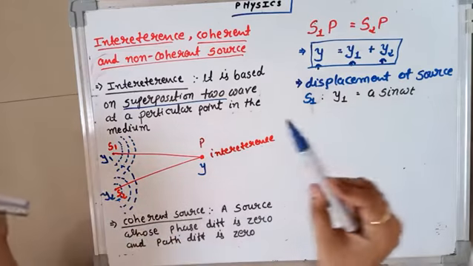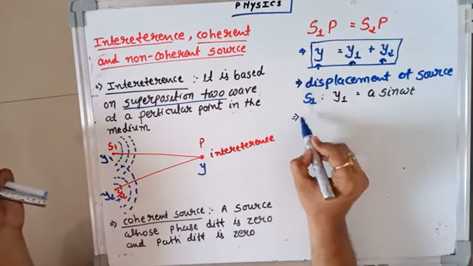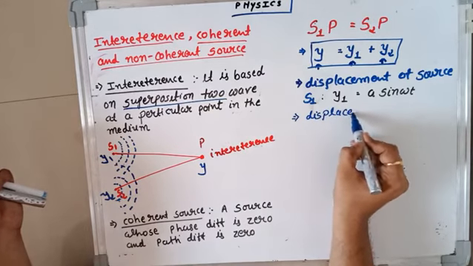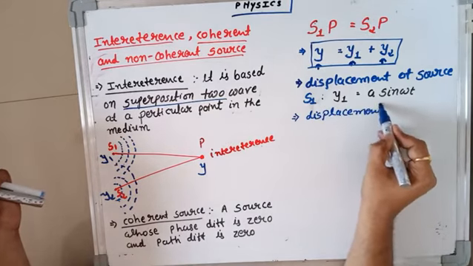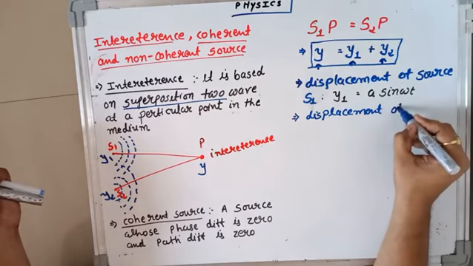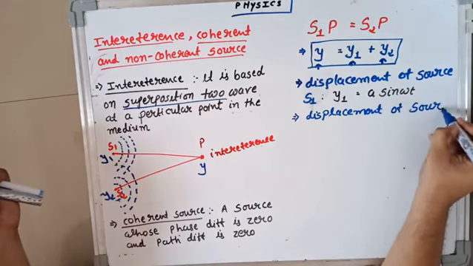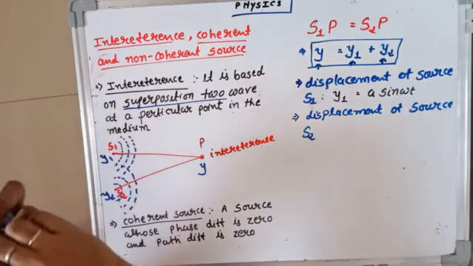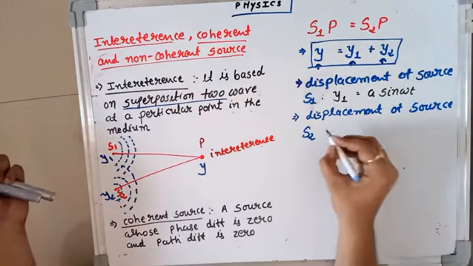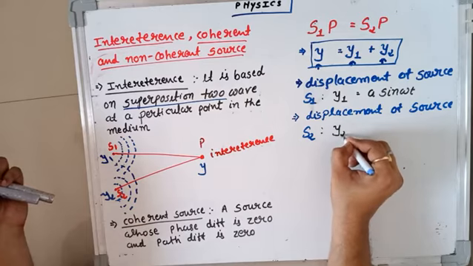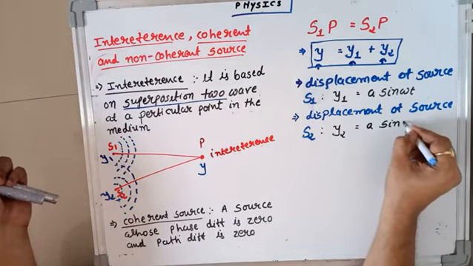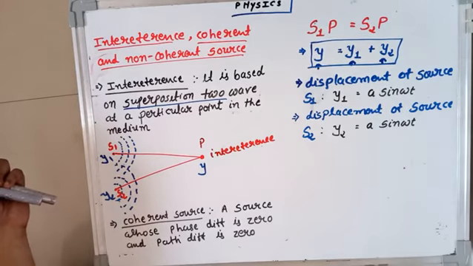The displacement of source S2 is y2 is equal to a sin omega t.